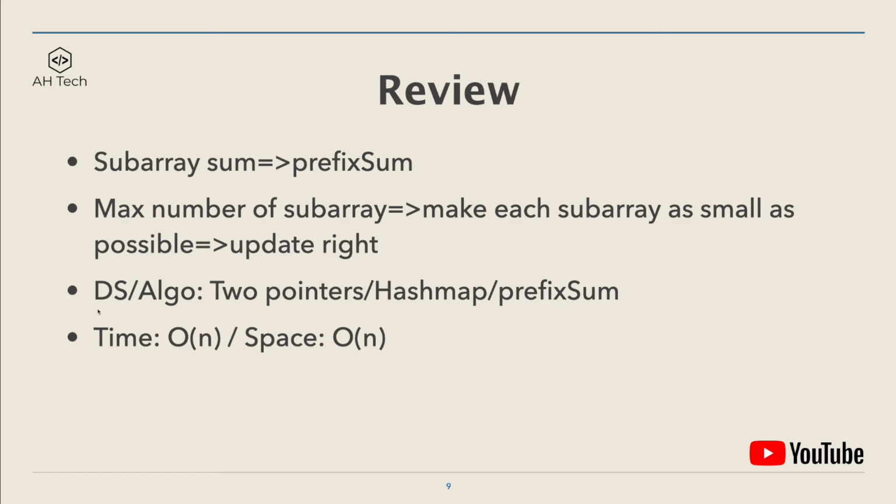The data structures and algorithms we use in this problem are two pointers, which is the right pointer, the hash map, and also prefix sum. The time complexity of the solution is linear time, big O of n, and space complexity is linear too, because we need to use the hash map to store the prefix sum and the index.